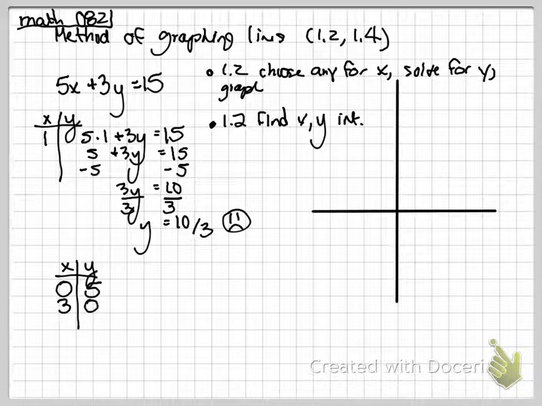And same thing, if I put in 0 for y, then we find out that x is equal to 3. Okay, so hopefully you can see from the second method, by finding the x and y intercepts, you do in fact get whole numbers. So this second method would be a valid method. We could then graph that. You'd have 0, 5, and you'd have 3, 0, and then you could connect those.